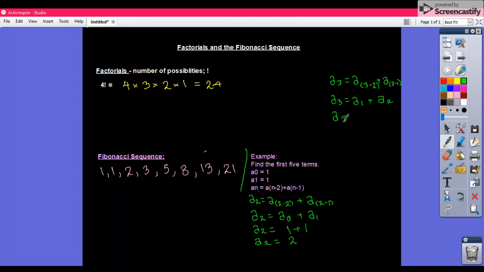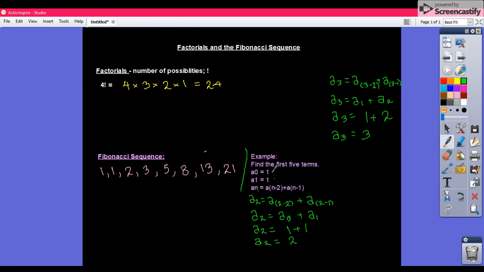So a sub 3 equals a sub 1 plus a sub 2. I have a sub 1, which is 1, and a sub 2, which is 2. So a sub 3 equals 3. And with recursive sequences, the nice thing is you will be able to catch on to the patterns. If not, you can just keep going.